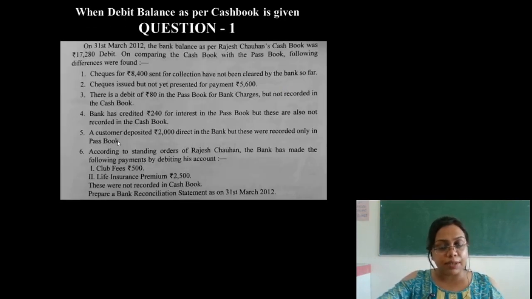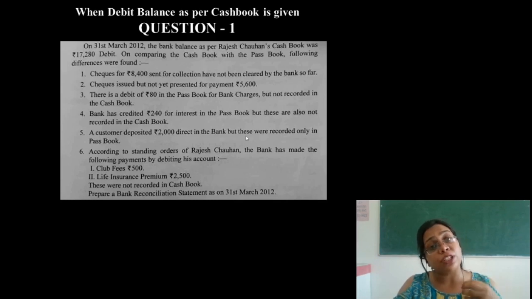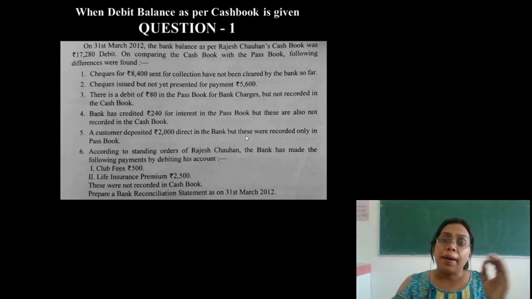Now next, a customer deposited rupees 2000 directly in the bank, but this was not recorded in the cash book. What has the customer done? The customer has gone to my bank and deposited rupees 2000 to my account directly without informing me. So I have not updated this information in my cash book, but it has been updated in my passbook.